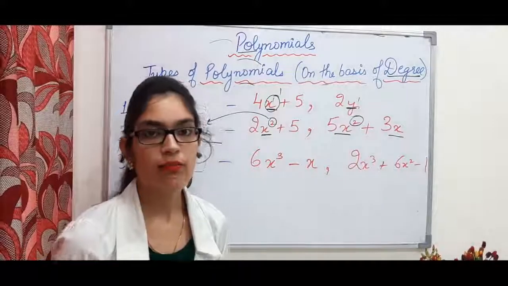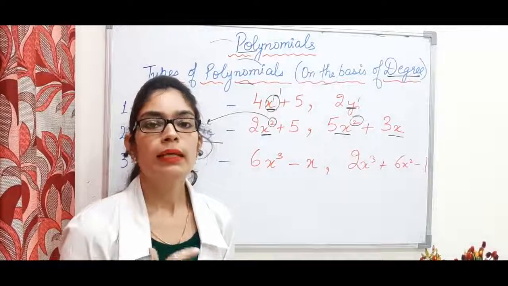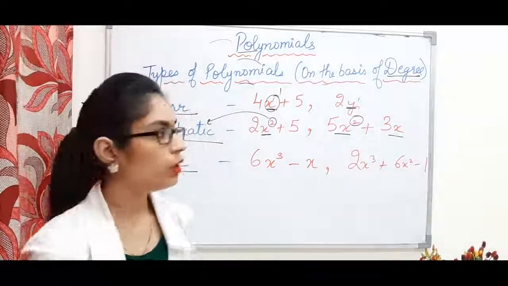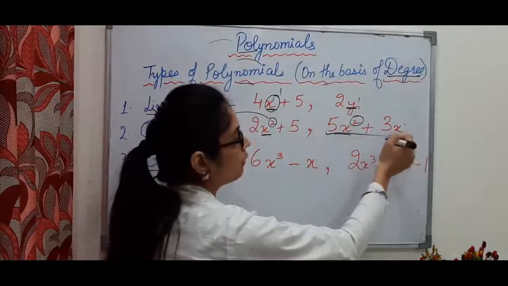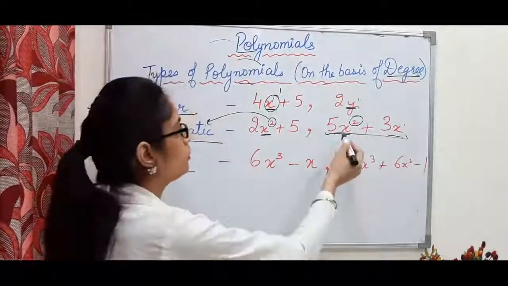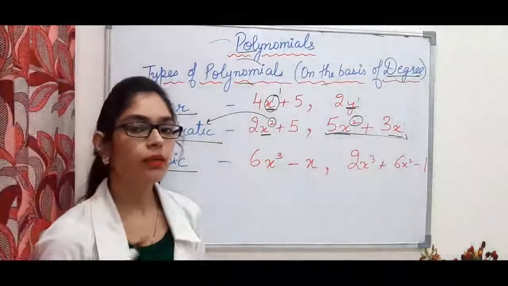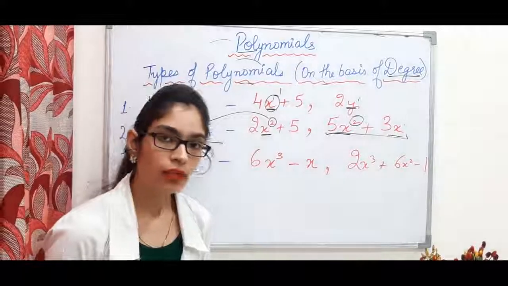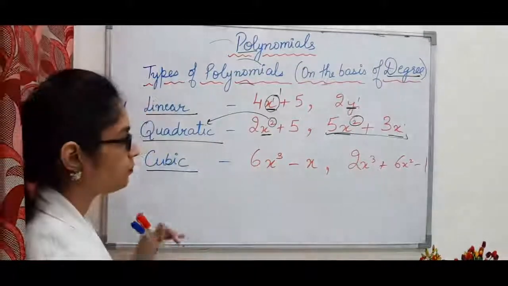Only the highest degree we have to refer, and according to the highest degree we have to name or classify the polynomial. In this example we have degree 1 also and 2 also, but the highest degree is 2, that's why it is considered as a quadratic polynomial. So you have to see the highest degree, and after that you can classify which type of polynomial it is.